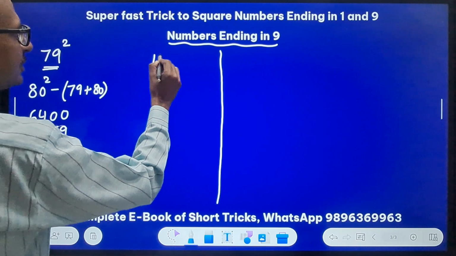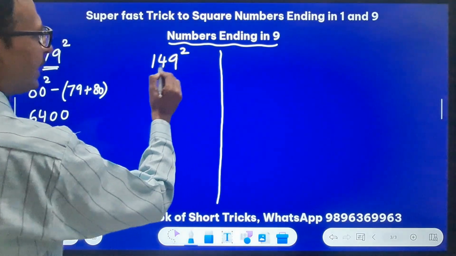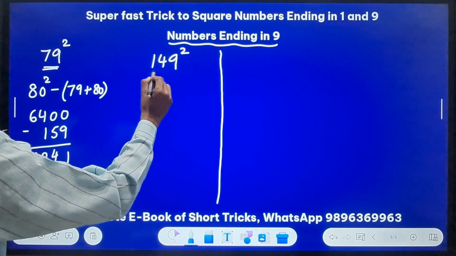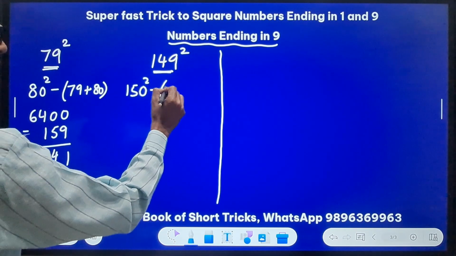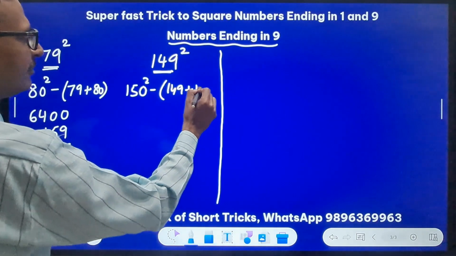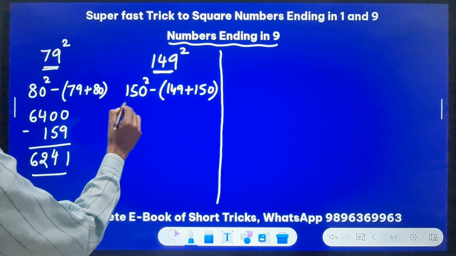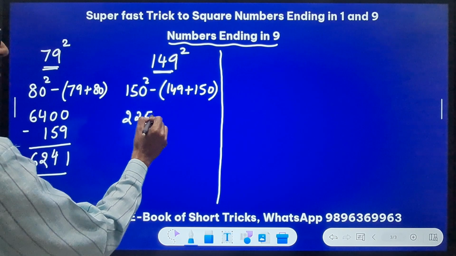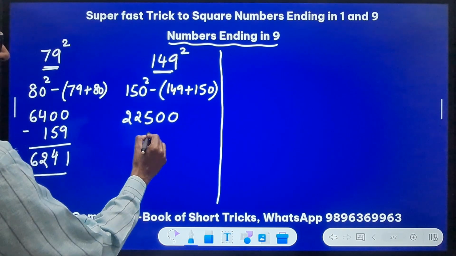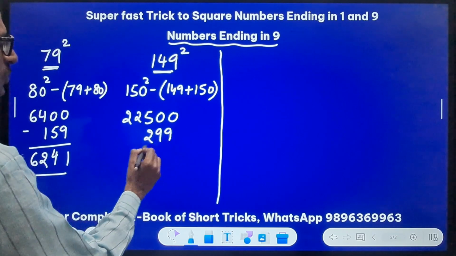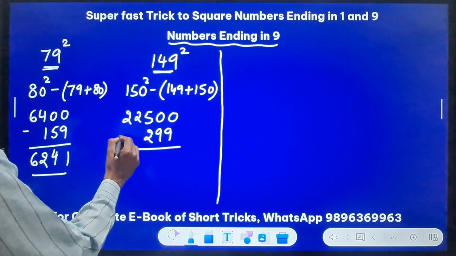Likewise, say a 3-digit number, 149 square. So 150 is the nearest base. So 150 square minus 149 plus 150. Now I know that 15 square is 225, so it is followed by 2 zeros. And when you add these two, 300 minus 1 is 299. And so your answer will be, I have to subtract this.